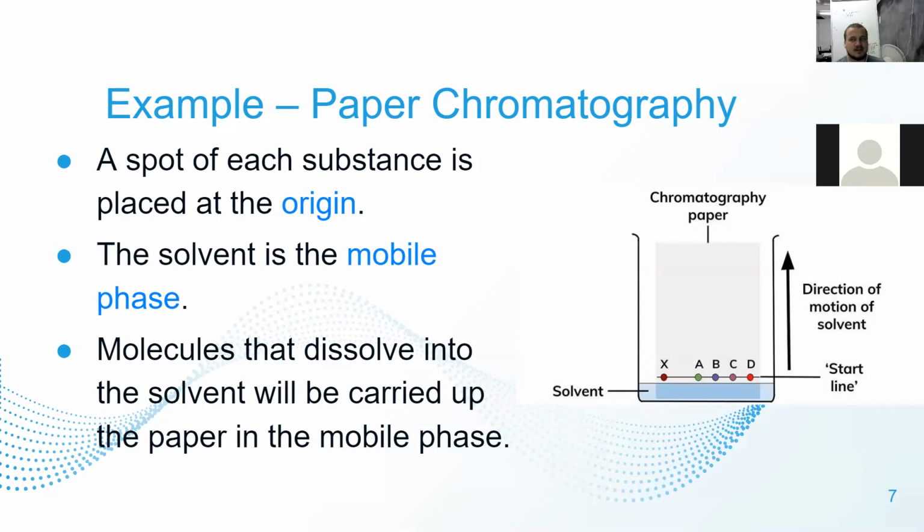Paper, especially chromatography paper, has capillaries running through it. The water will travel up the capillaries from the start, and it will finish at some point dependent on how much of the solvent is there. The solvent is the mobile phase.